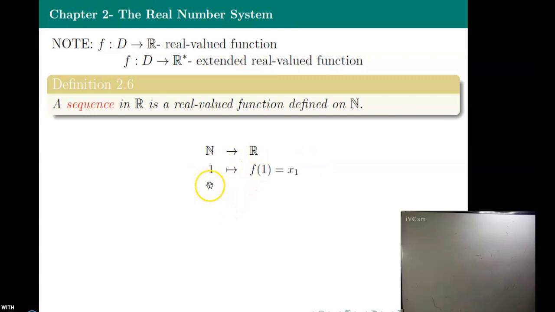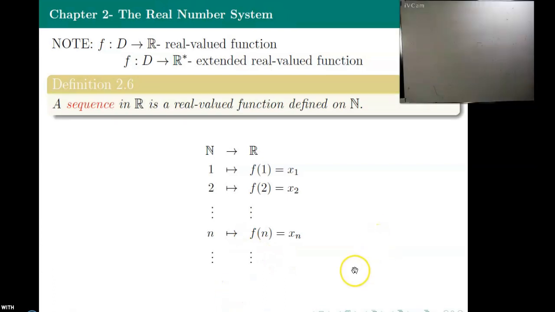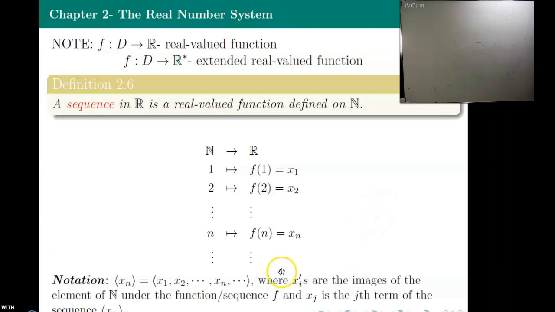So the image of 1 is f of 1, and we let that be x sub 1. The image of n is f sub n, which is equal to x sub n. For the notation of sequence, we have this one.